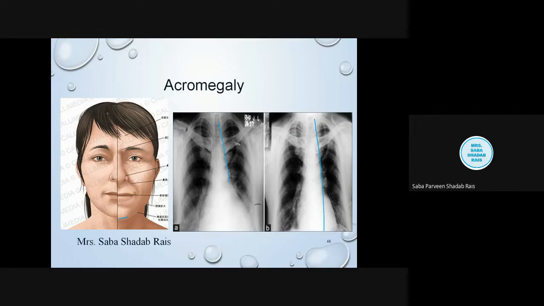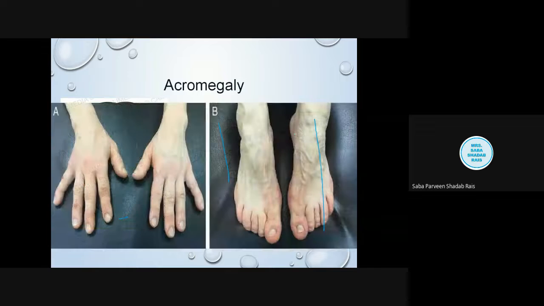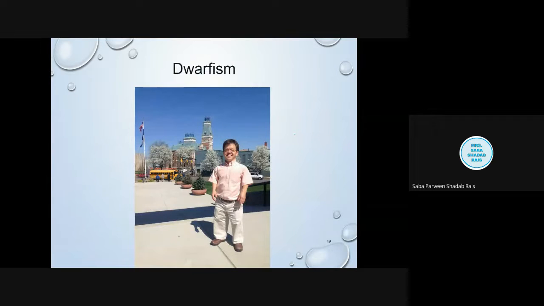Now, hypersecretion causes many problems, but students, hyposecretion is also equally dangerous. Hyposecretion will cause another condition that is called dwarfism. So remember, hypoactivity of the pituitary gland.